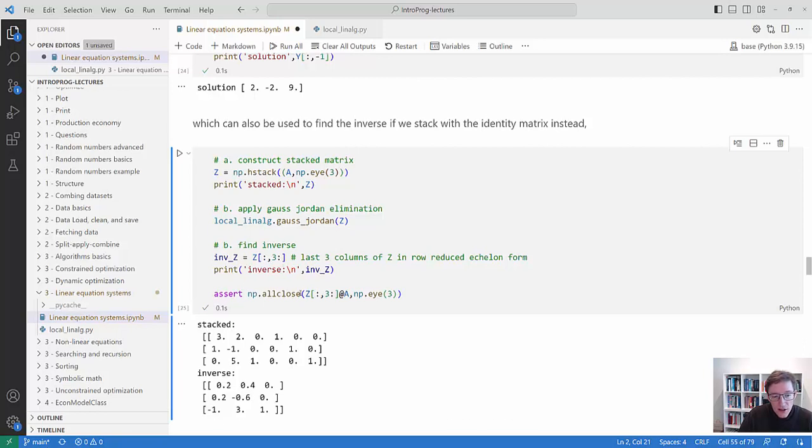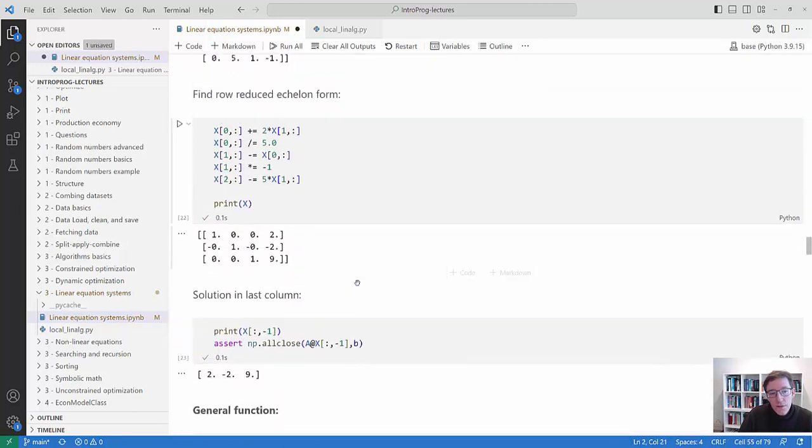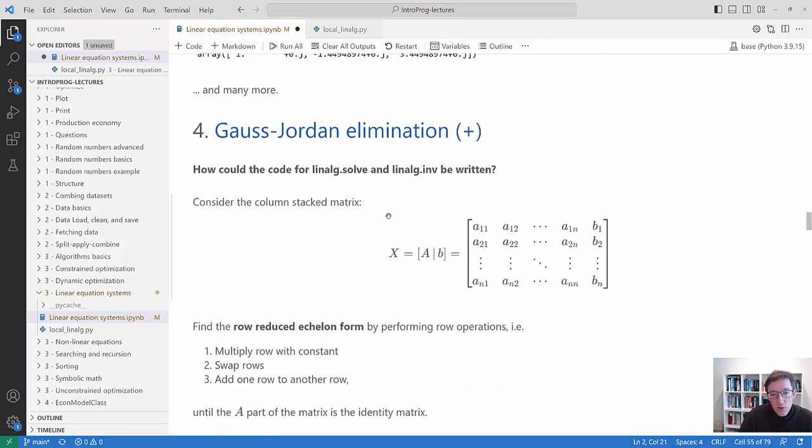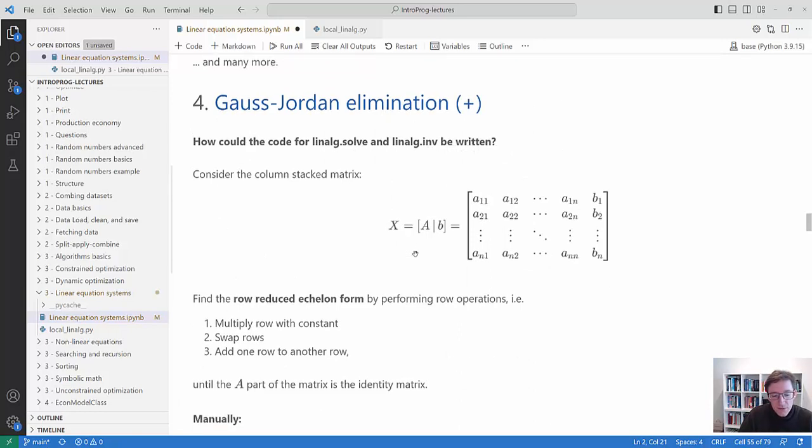So I can assert at the end that if I multiply the last 3 columns of my C matrix with A, then I get an identity matrix. So that is exactly that this is the inverse of A. Okay, so this is how you could code up something like what solve and inv is doing.